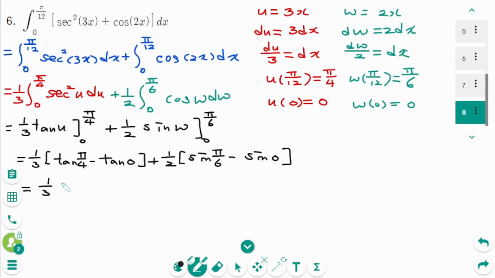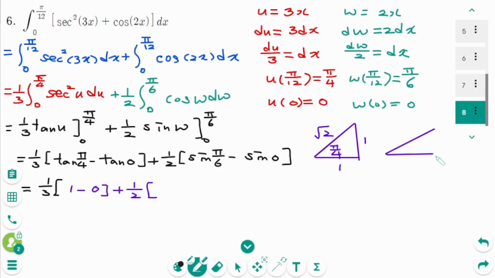equals 1 over 3. When the respective angle is pi over 4, the ratio of the triangle is 1, 1, and square root of 2. Use secant. Tangent pi over 4 is 1 over 1, which is 1, minus tangent 0 is 0, plus 1 over 2. Now the respective angle is pi over 6.